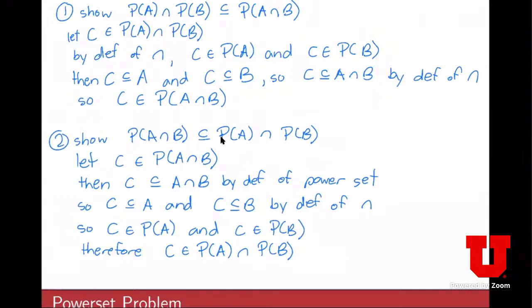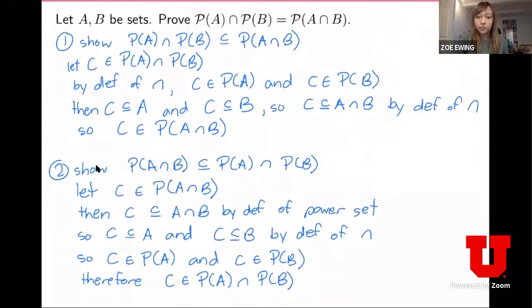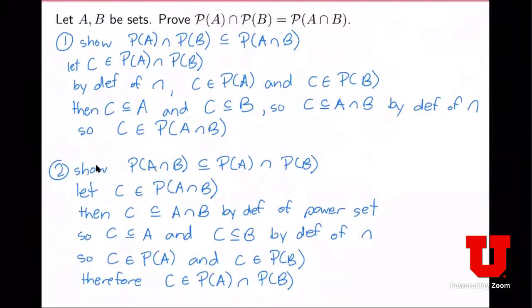I have another question about that sort of in reverse. I'm just confused at how that works in reverse, because when you say C is an element in the power set of A intersect B, how do you know that C is automatically a subset of A intersect B?